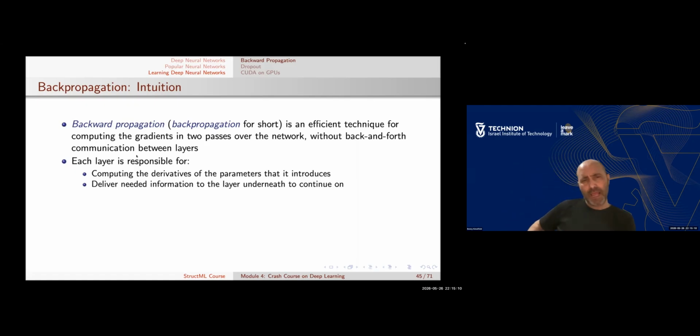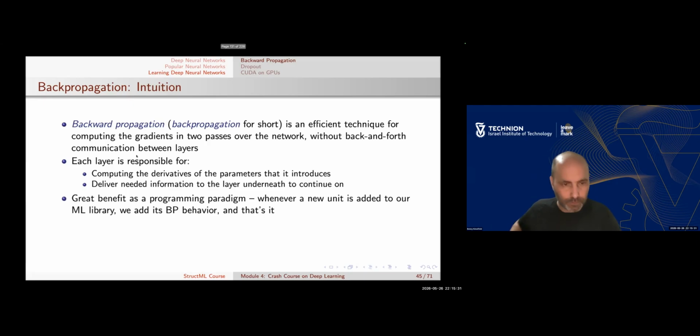What you need to remember is that each layer is responsible for computing the gradients of the parameters that this layer introduces, and also delivering whatever information, basically a multiplier, that the layer underneath needs to compute its own derivatives.